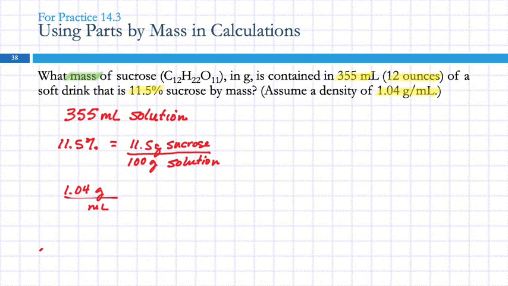Okay, so they're saying assume a density of this. It's not super clear. They mean the soft drink has a density of 1.04. So that means that 1.04 grams of the solution occupies a volume of 1 milliliter.